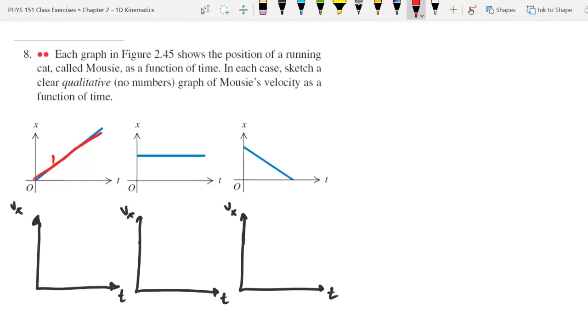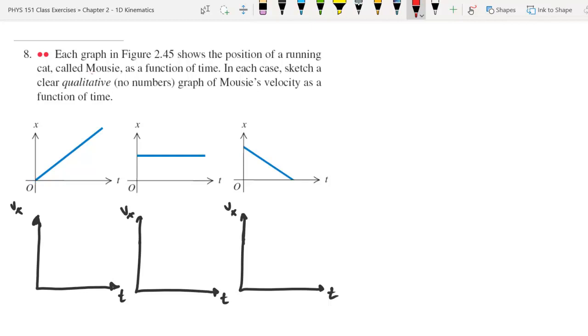The rise over run remains constant in each case. So a constant slope would then translate to a constant value, right? A constant slope in my position versus time should translate to a constant value in my velocity versus time, right? If the slope's the same everywhere on the position versus time, then the value of the velocity versus time will be the same everywhere.